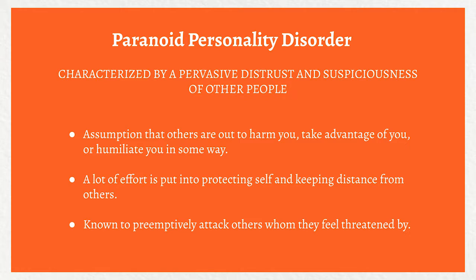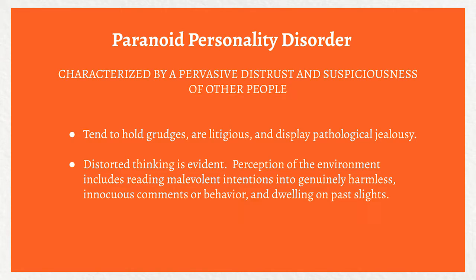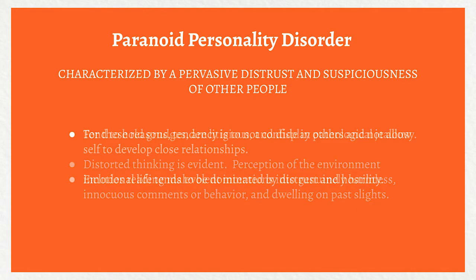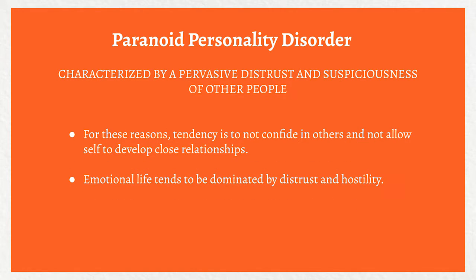In fact, a lot of times we can look through criteria and say, oh, I can relate to this and this and this, but the point is that you do relate to at least 4, sometimes 5 of the criteria, and that they are pervasive. It's not just in one area, but it cuts across all different areas of life. So it affects work, it affects home life, it affects interpersonal relationships. So a lot of different areas too.